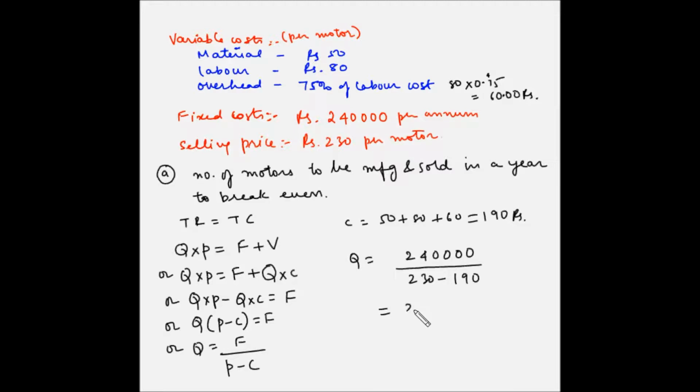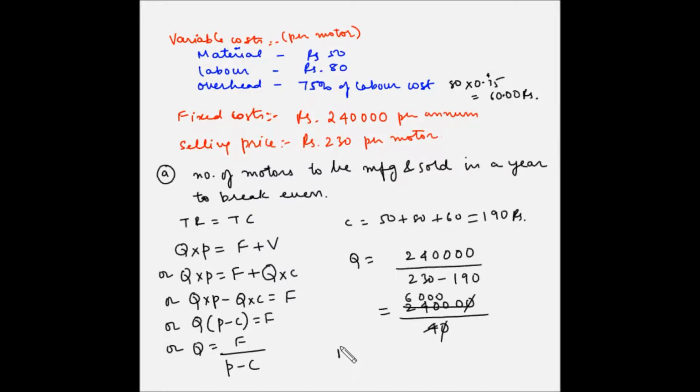So this is equal to 240000 divided by 230 minus 190, which is 40. 10 we can cancel. 6 4s are 24, so 6 and then 3 zeros.